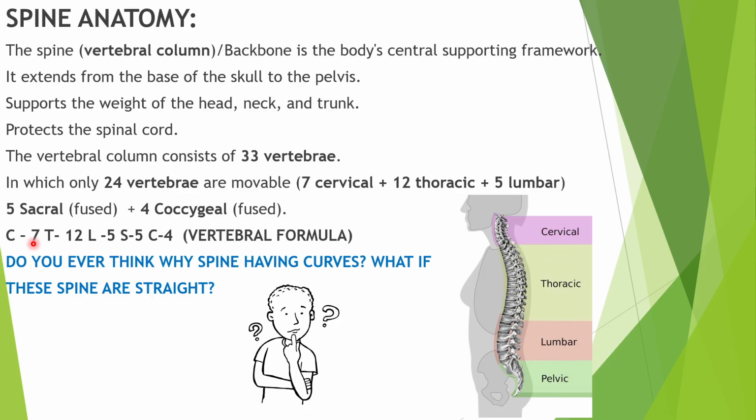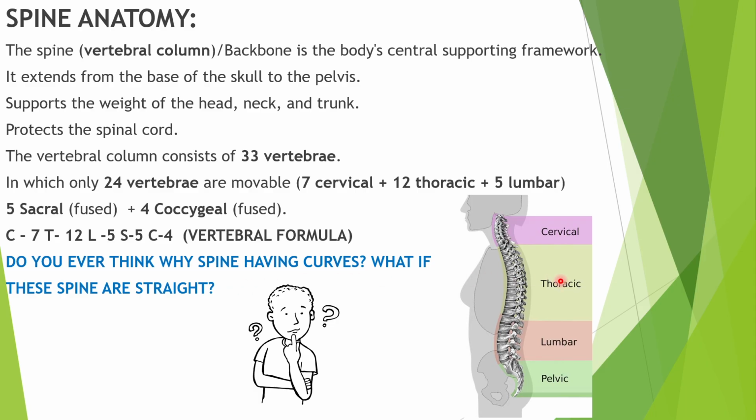So this is the basic formula: cervical 7 in number, thoracic 12, lumbar 5, sacrum 5, or we can say 1, and coccygeal 4 in number.